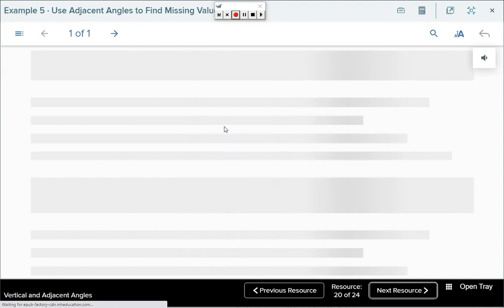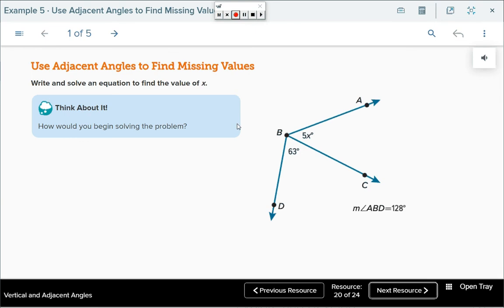But if I look at this one, look at this example 5. Tell me, what do these two equal? Do these equal 180? No. But what am I told down here? This says the measure of angle ABD equals 128.